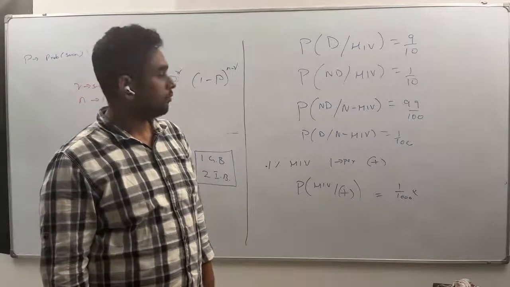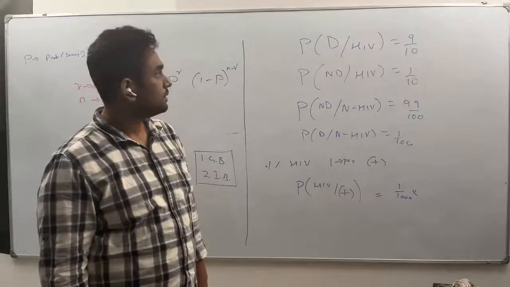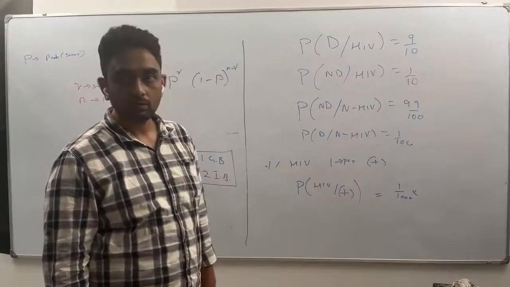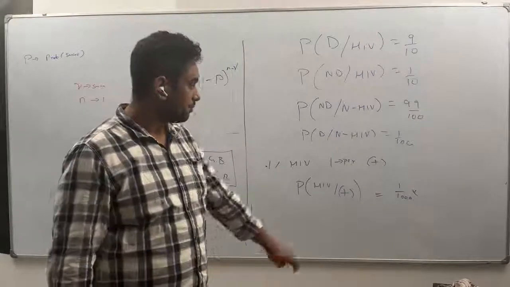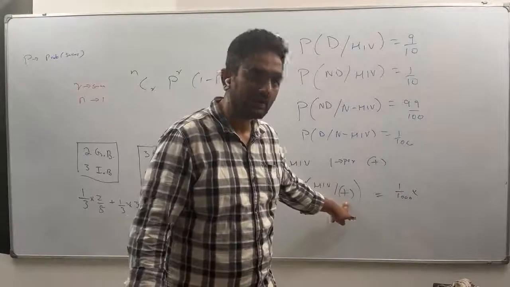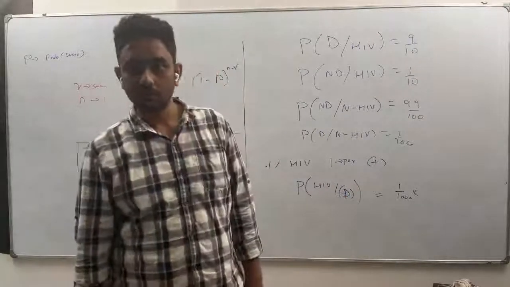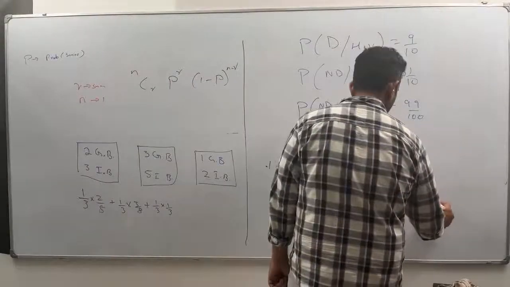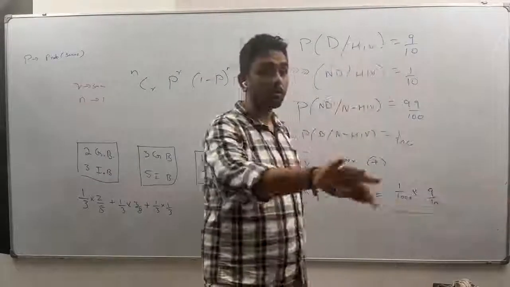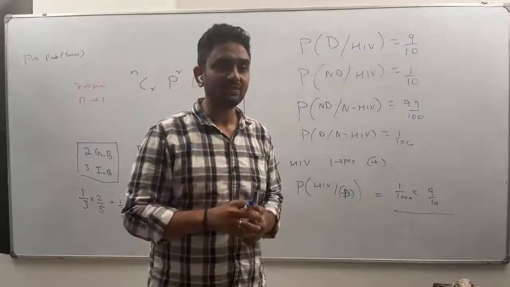So into 9/10, because they should also get detected, right? By positive, I mean detected. Positive is detected. Now clear, right? So it will be 9/10 divided by total probability. In how many ways can you get HIV tested positive?